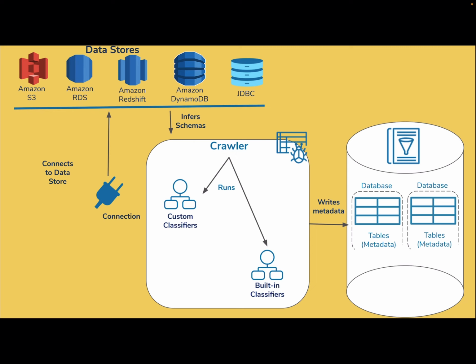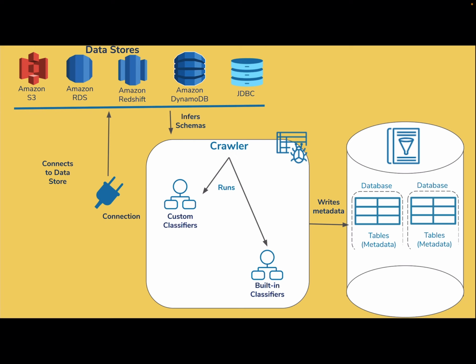So let's say, to pull the data, we definitely need to create a connection. Once we establish a connection to these data stores using connect data store, or even using the data catalog, we basically define a crawler.